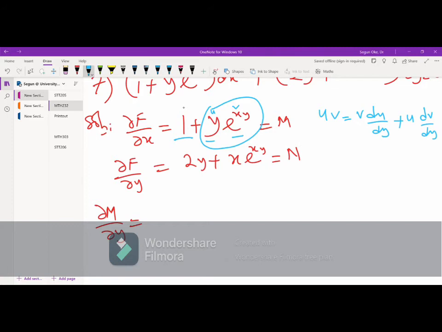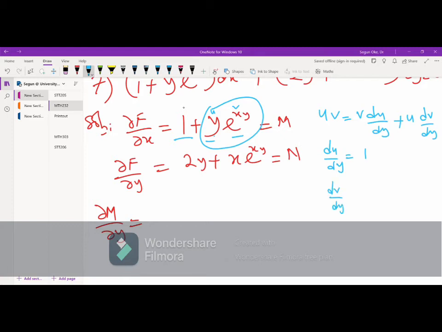So let's try it. Who is solving it for us? Anybody? Okay. Let's differentiate y first. Let me solve it in this form. We have du dy is equals to 1, right?